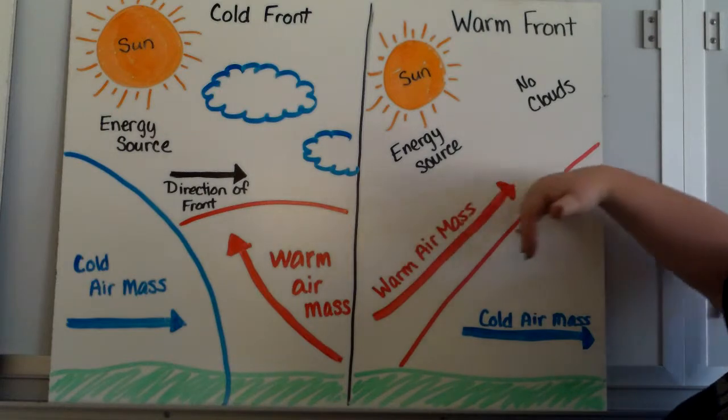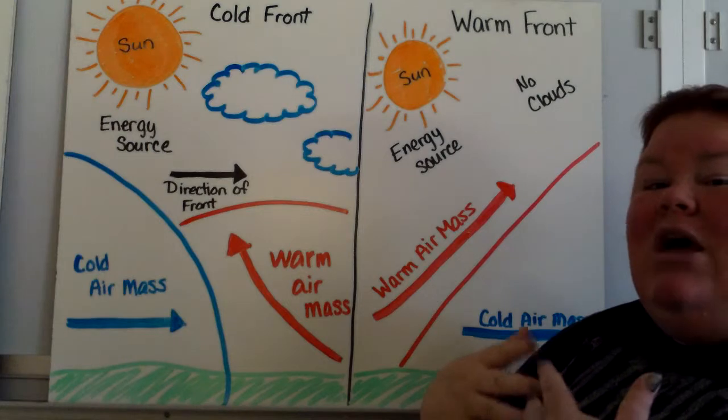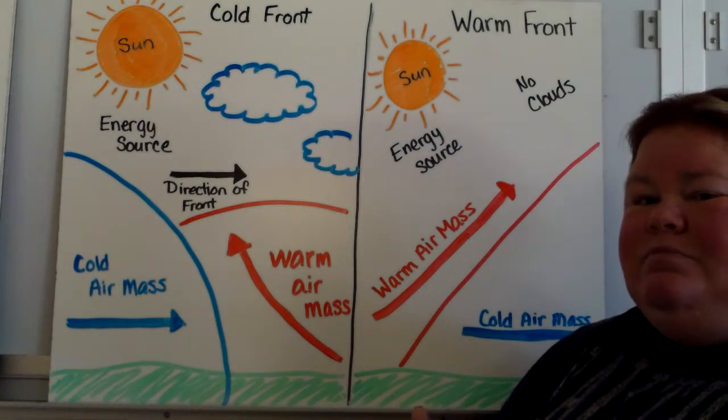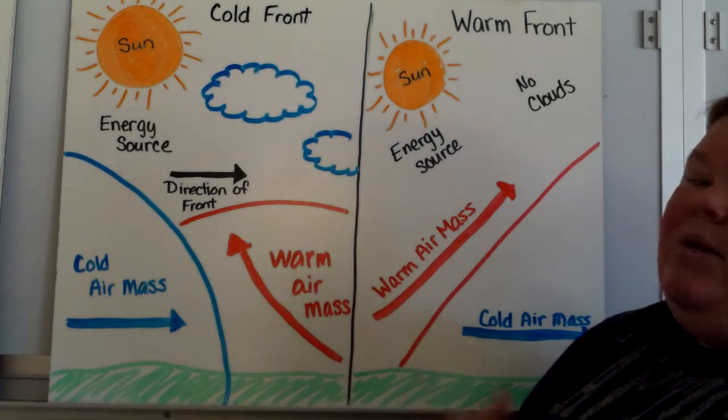When the warm air mass comes in, it pushes all the clouds away, and we have nice, pretty sunny days with very little cloud cover. And these are the basics of a cold front and a warm front.